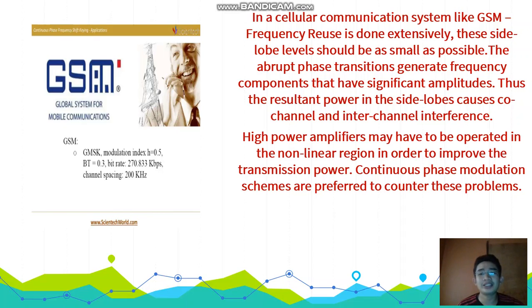The abrupt phase transition generates frequency components that have significant amplitude. Thus, the resultant power in the side lobe causes co-channel and inter-channel interference. High-power amplifiers may have to operate in the nonlinear region in order to improve the transmission power. Continuous phase modulation schemes are preferred to counter this problem.